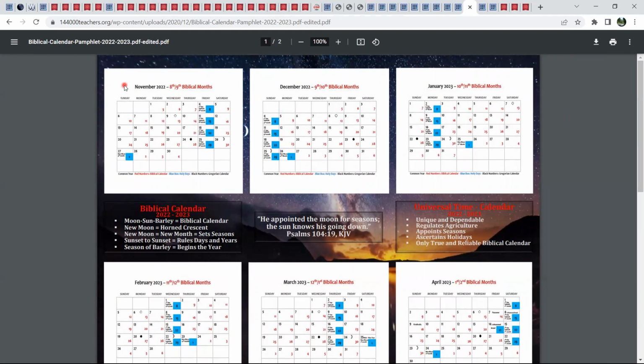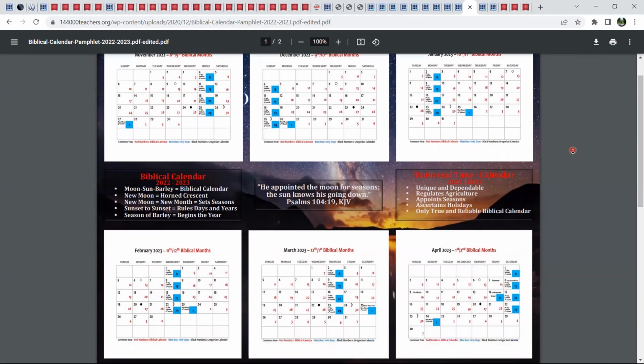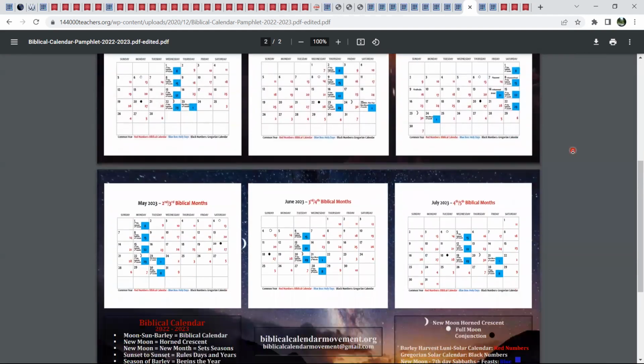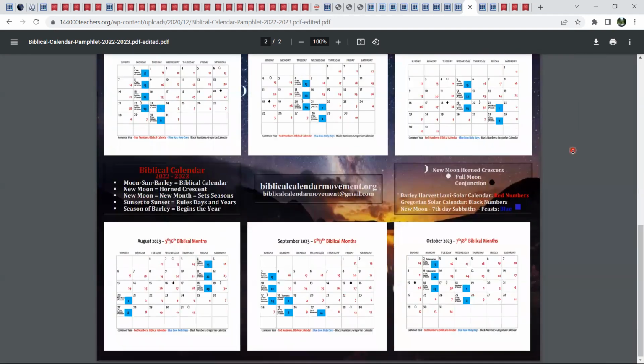So this way, after the feasts are over for the fall, we start the civil calendar and we bring you all the way to the biblical calendar and finish again with the civil calendar. So we finish here with the feast, and then it will start the next one. This is the last month of what we call the religious calendar, and then we start again with the civil calendar.